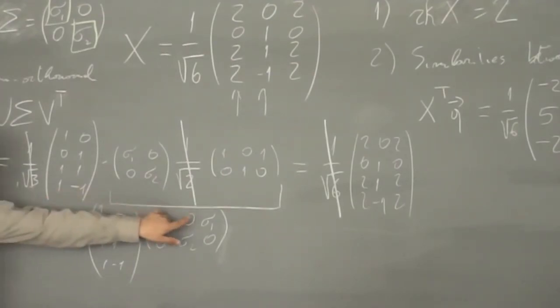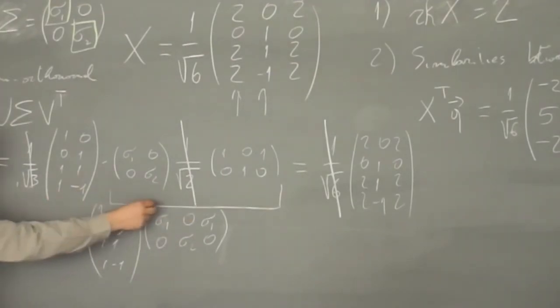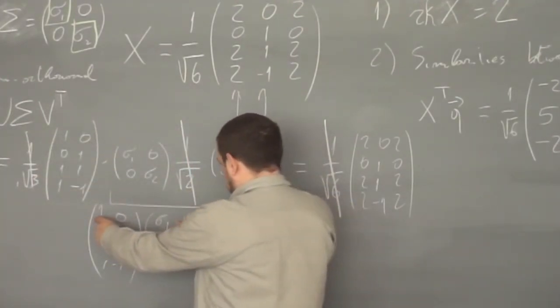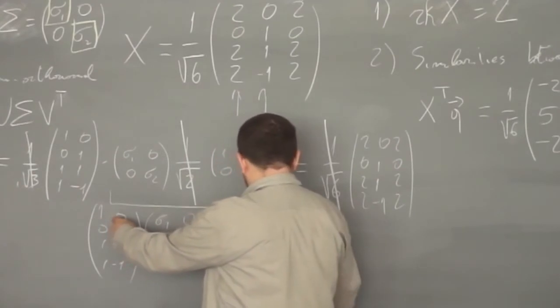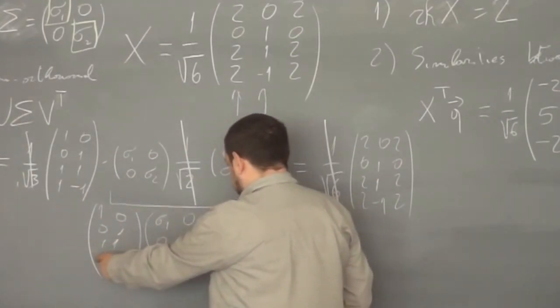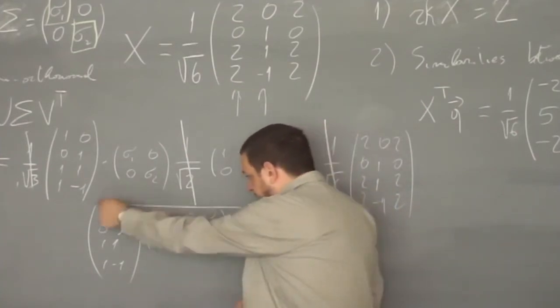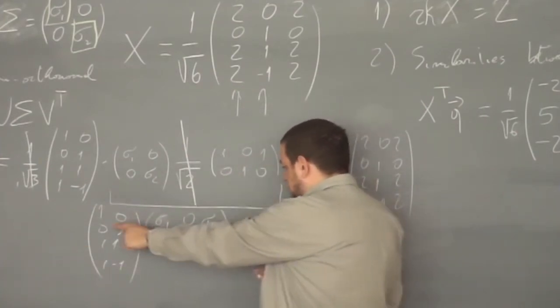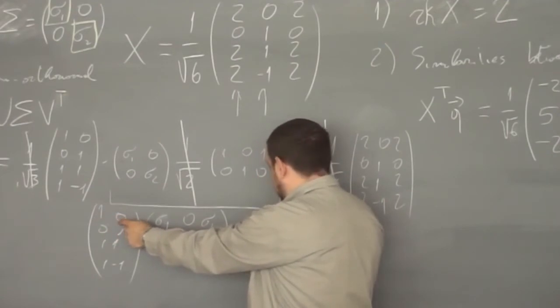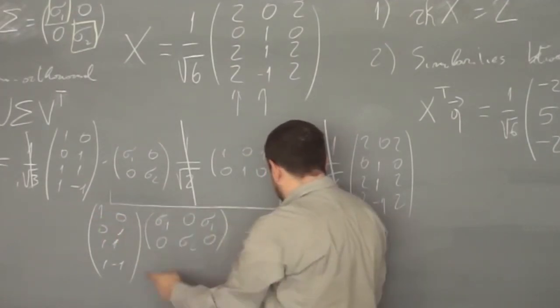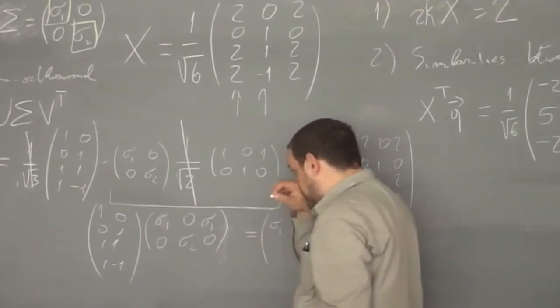Finally, this product multiplied by this matrix is of course going to be a 4 by 3 matrix. Let's just compute the first element, which is sigma 1 times 1 plus 0 times 0, so it's sigma 1.